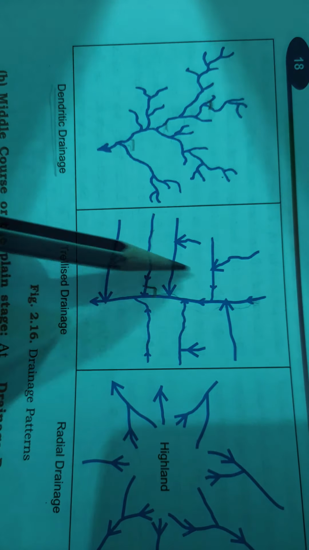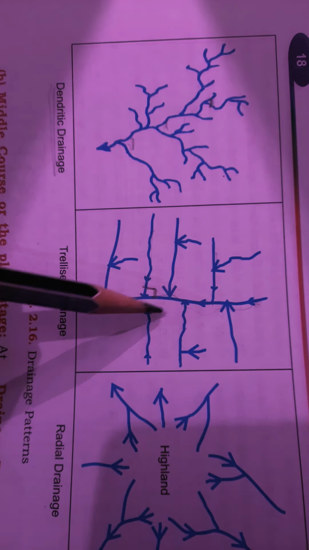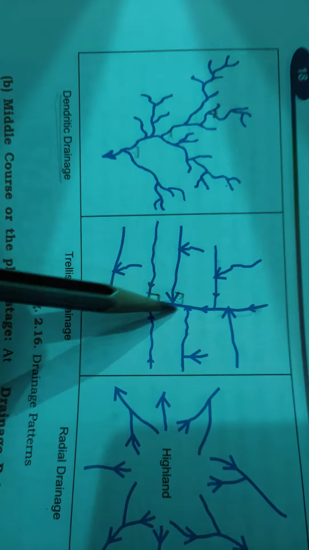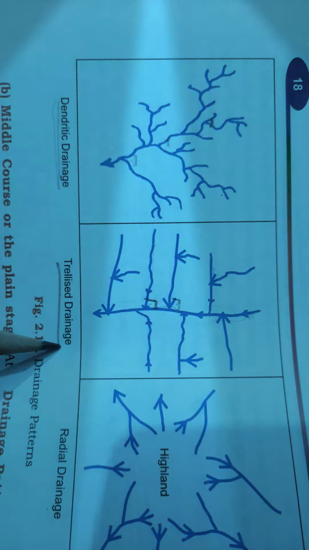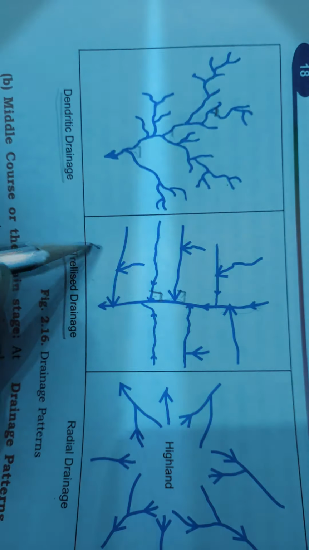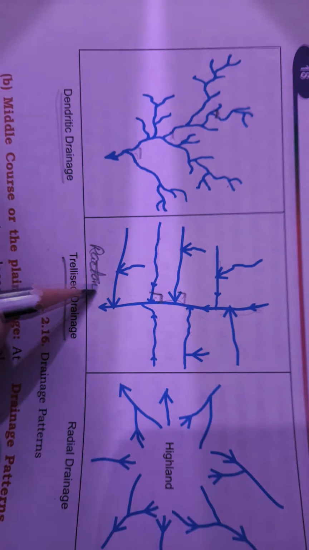These are all tributaries, and each tributary joins the main stream by forming a 90 degree angle. So it is called a trellised drainage pattern. It is also called a rectangular drainage pattern. Why rectangular? If we randomly join these points, it appears like a rectangle shape. So it is also called a rectangular or trellised drainage pattern.